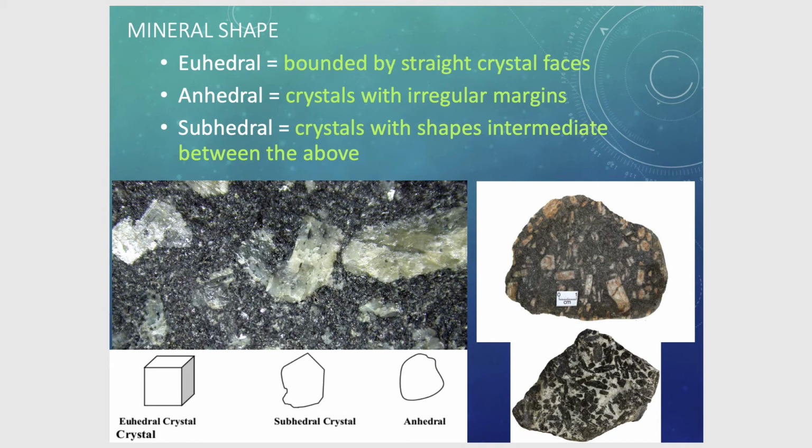And then we have this part that is more lobated, with more curvilinear boundaries, and so this is commonly called a subhedral crystal. Then you have cases like this, in which you have very irregular margins of this phenocryst, and in this particular case it would be an anhedral example.